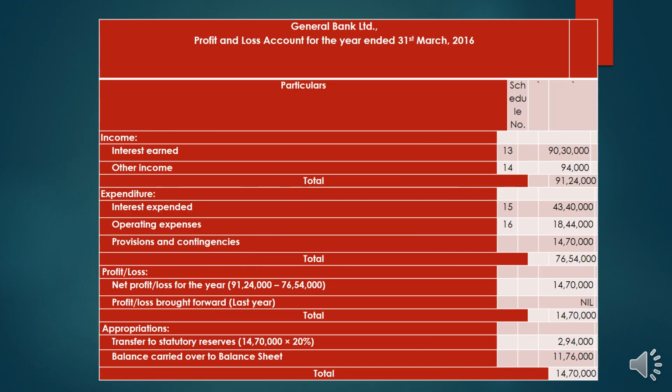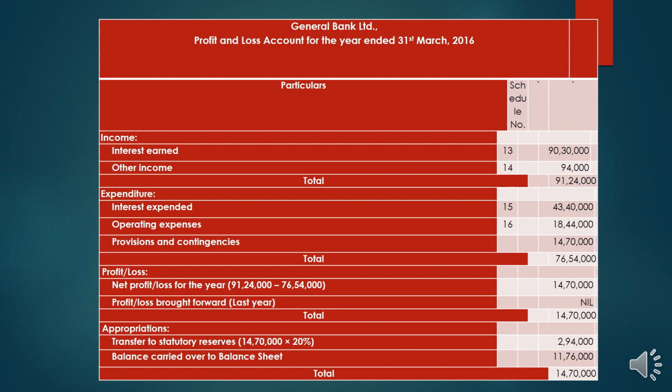So this is the format of profit and loss account. Income, interest earned 90,30,000 and other income 94,000. Total income 91,24,000 and the total expenditure, which consists of interest expended, operating expenses and provisions and contingencies, 76,54,000.